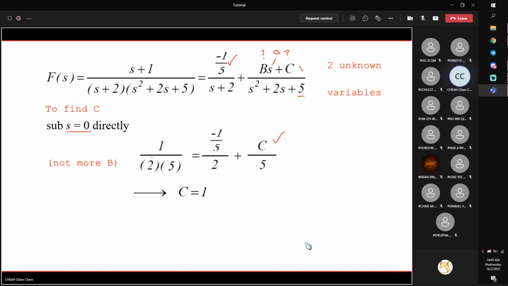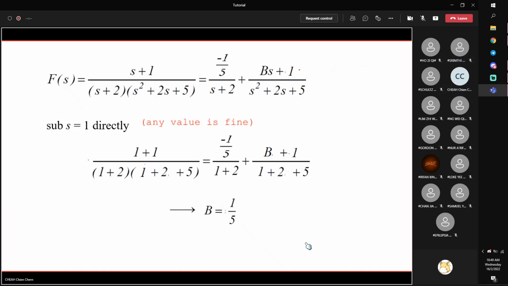So c is equal to 1, and the only unknown is b, but now you can easily solve this because there's only one unknown. Put any value of s. 1 is good because 1 is usually easy to calculate. So put s equal to 1 into both left hand side and right hand side, and then you can solve for b, which is 1/5.